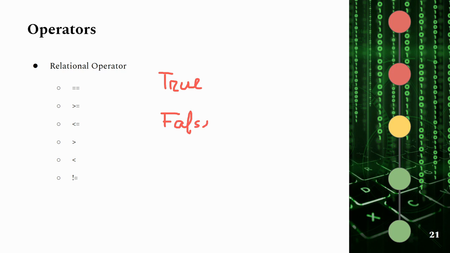But as we are mostly discussing C, you need to remember that when anything is true, C programming provides it with the value of 1, and when anything is false, C programming provides it the value 0. So once again, if something true happens, if some operation says left hand side equals right hand side, which is actually true, the output will be 1. And if left hand side and right hand side are not equal, then it will provide 0.